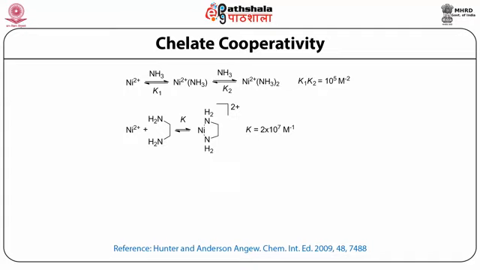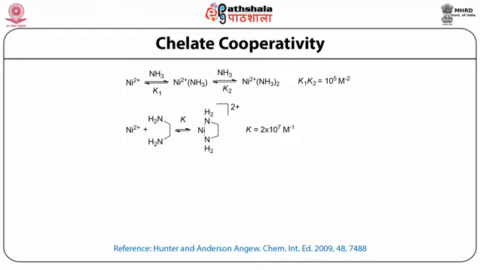As we know, for a consecutive reaction, the overall binding constant is the multiplication of each binding constant. So K1 times K2 is 10 to the power 5 mole inverse to the power 2. However, if we take 2 amino groups connected by an ethane moiety, that is diaminoethane, then we see the binding constant is actually 2 times 10 to the power minus 7, in that order.